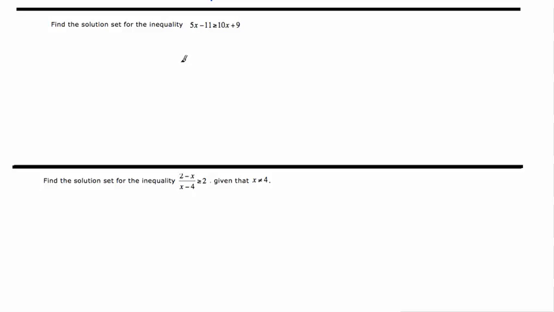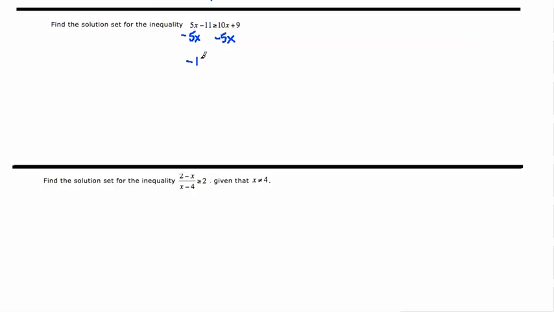Alright, so let's make it a little more complicated. Here we've got find the solution set for the inequality. And I'm going to do it so that we don't have to switch the inequality one way or the other. But remember, if you ever divide by a negative, that inequality sign has to switch. So we're going to subtract 5x from both sides because that's the smaller x.